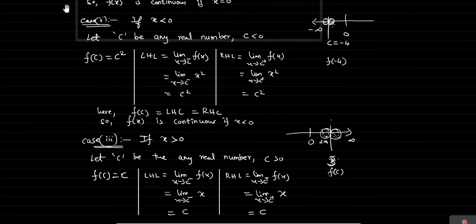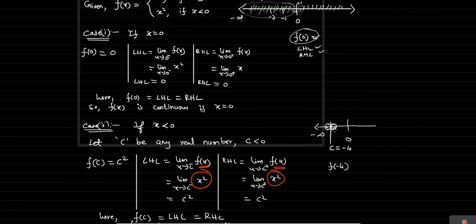And here, see, for finding the left hand limit and right hand limit, in place of f of x we applied the same function. So when we are using the same function, it's not compulsory that we need to work out left hand limit and right hand limit separately. But if you notice in case 1, for the left hand limit we used f of x as x square, and for the right hand limit we used f of x as x.